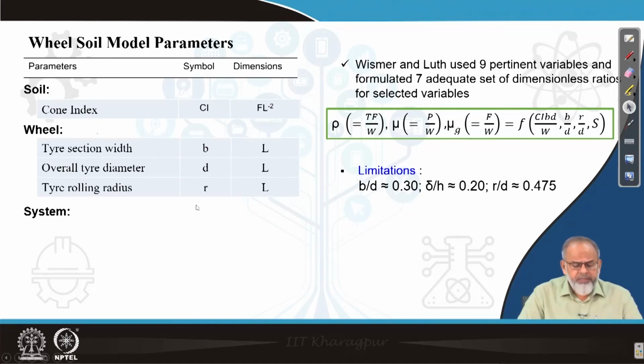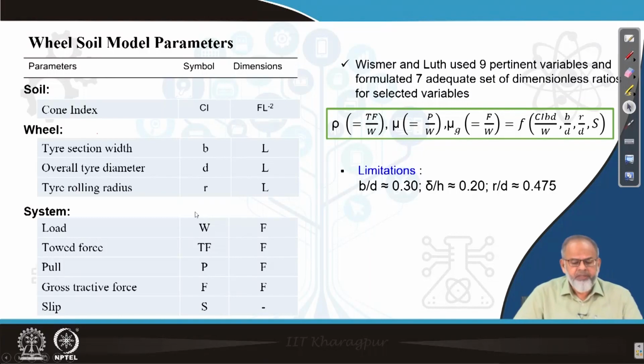Then he tried to identify the system parameters. Under system parameters, he identified parameters like load: how much is the load acting on the wheel? What is the force required to tow the wheel, which is nothing but your rolling resistance? Then what is the pull which is developed? Then what is the gross tractive force, which is basically the summation of pull and rolling resistance?